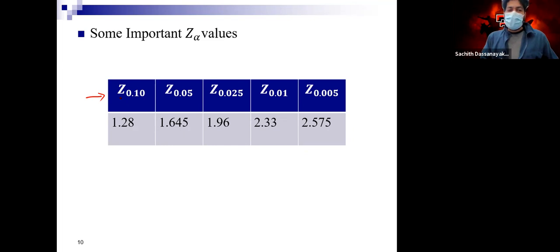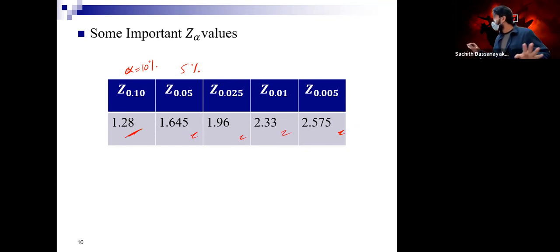See, alpha equals 10%, 5%, something like that. Clear? So according to those values, once you check your standard normal table, you will see these are the values. Again, you can find these values from the standard normal table.